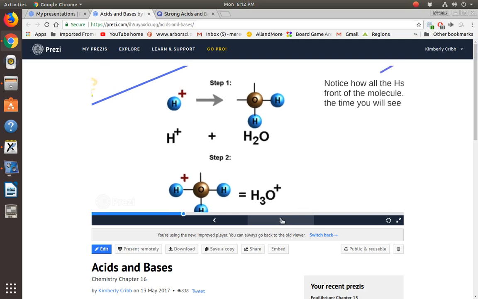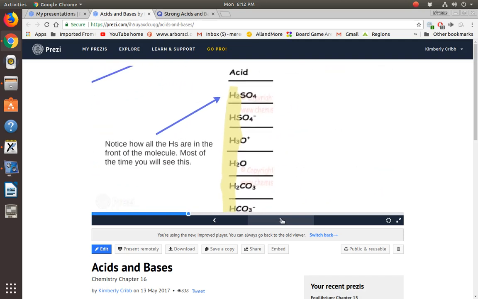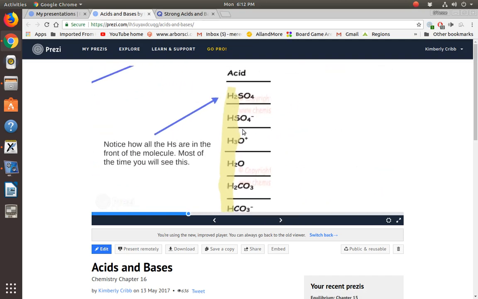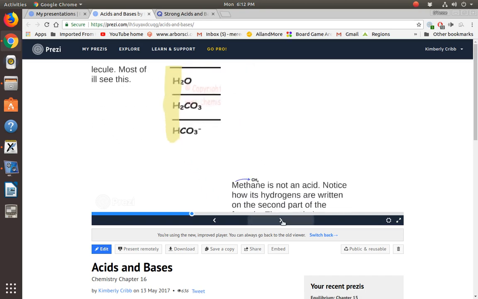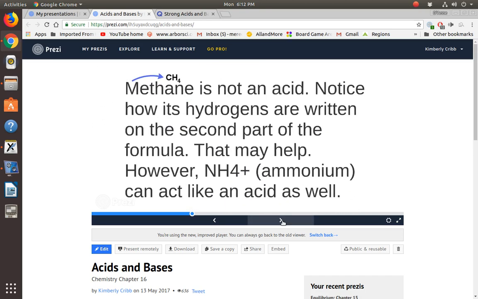Hydronium ion. And this is just a list of a bunch of acids, and I put those in your notes as well. Notice how all the hydrogens are at the front. For the most part, if the hydrogens are at the front, you have an Arrhenius acid. Methane, though, is not an acid. So this is one of those things to remember. Methane, CH4, is not an acid. Notice how its hydrogens are not written at the front, they're written in the second part.